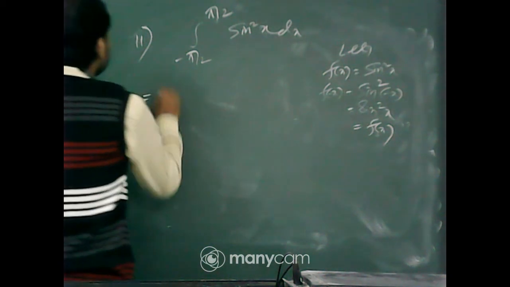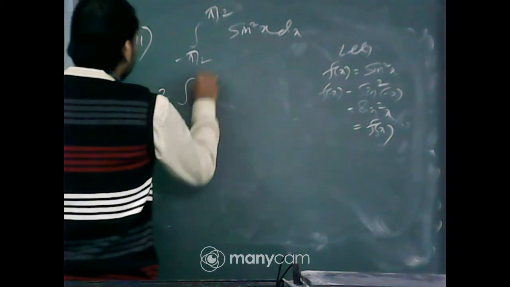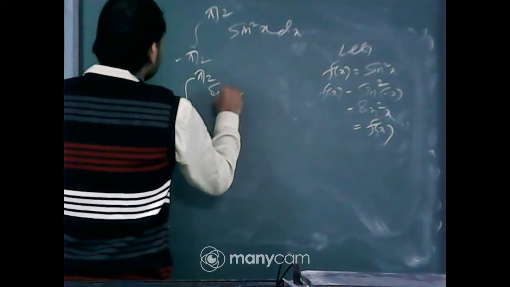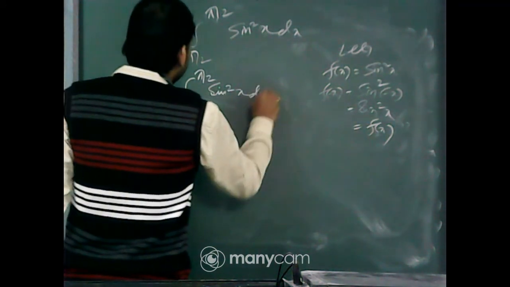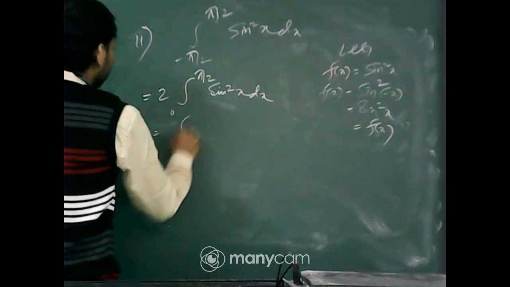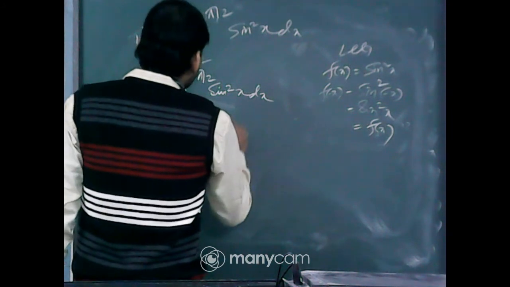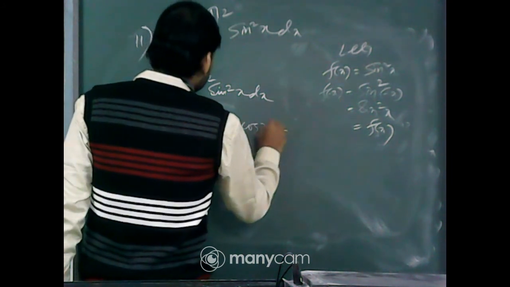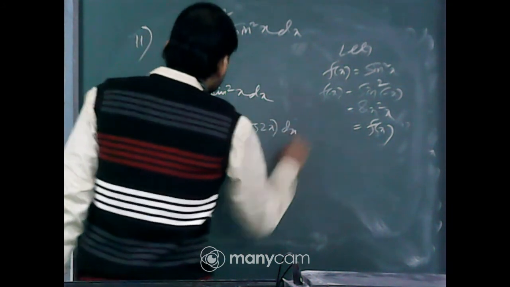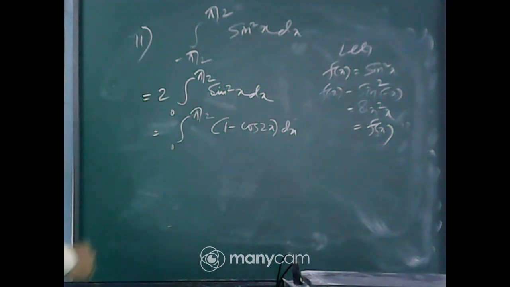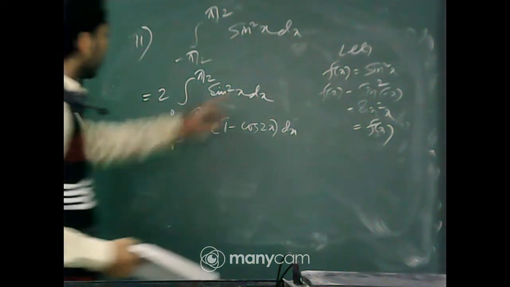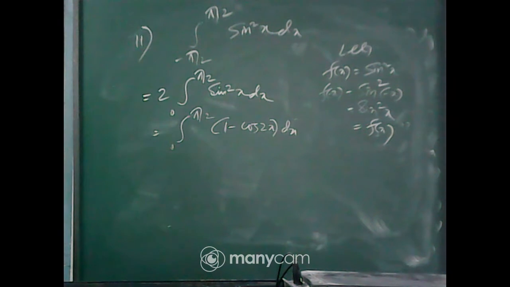That means it will be 2 into 0 to pi by 2 sine square x dx. That means 0 to pi by 2 of 1 minus cos 2x dx. Okay. 2 sine square x means 1 minus cos 2x.